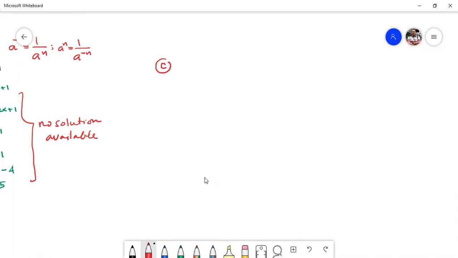I'm using red color. 4 to the power is too big. Okay, make it neat. 4 to the power of x minus 6 times 2 to the power x plus 8 equals 0.